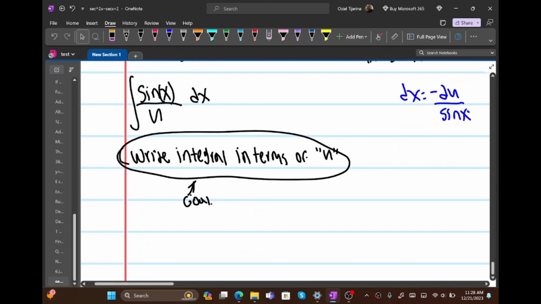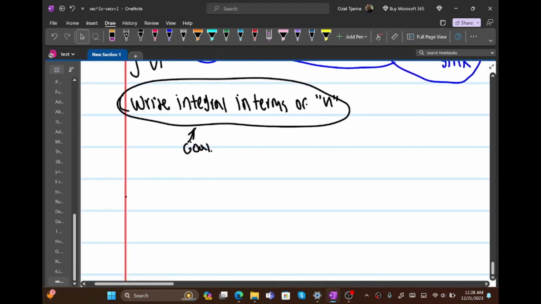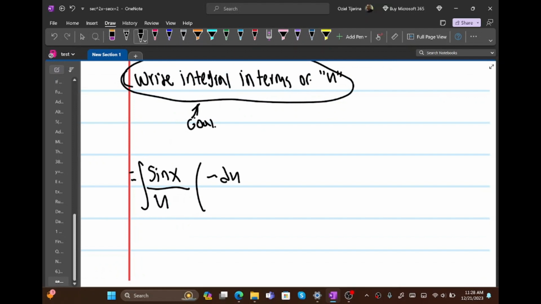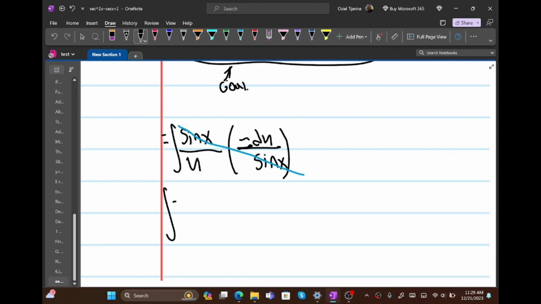If we let this be true for dx, this is going to equal the integral of sine of x over u times negative du over sine of x. Now the sine of x will cancel out, so we're going to do the integral of negative 1 over u du.